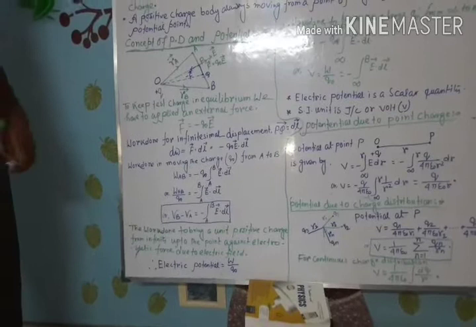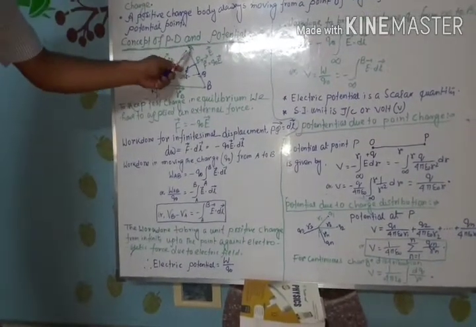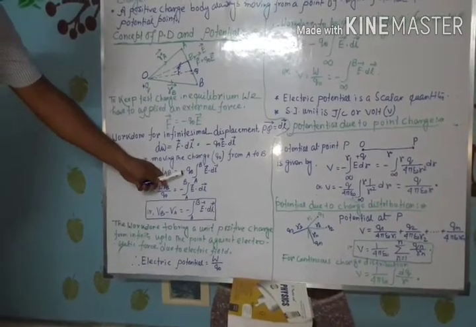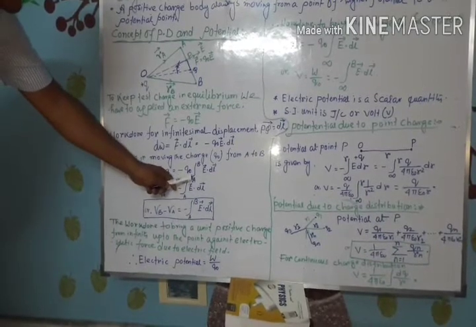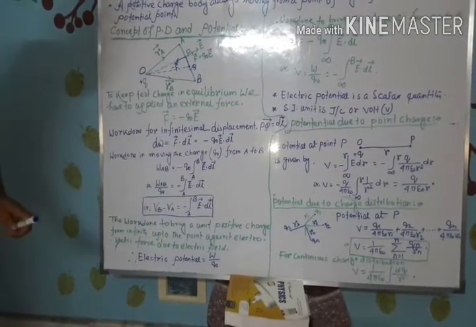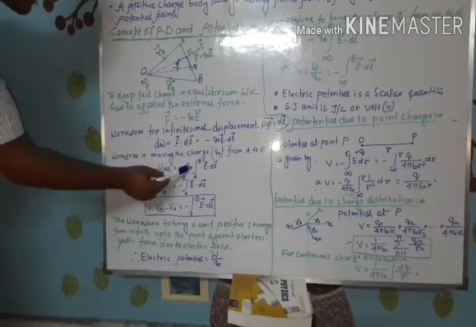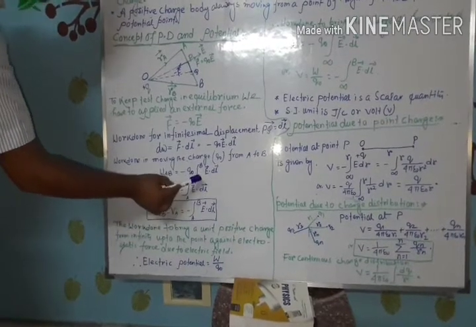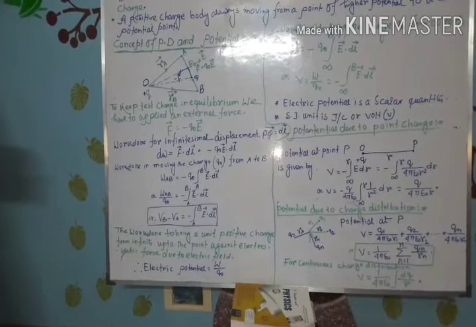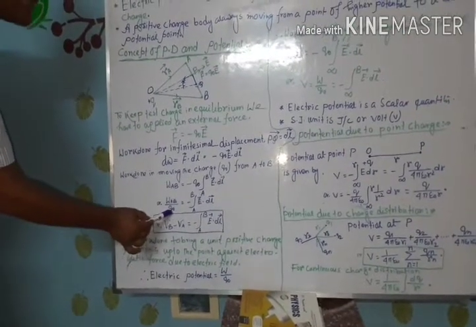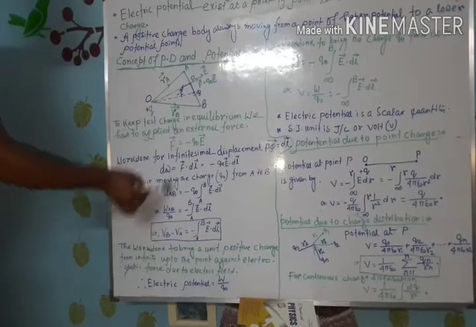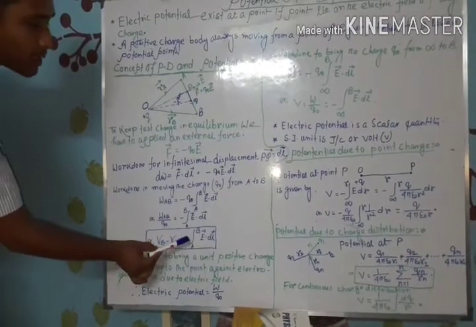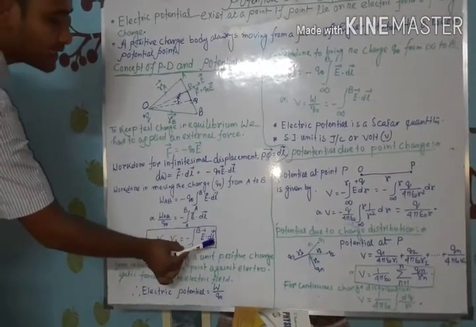Now total work done to move the test charge from A to B can be calculated as WAB equal minus Q naught integration A to B E dot dl. Therefore WAB by Q naught is equal to minus integral A to B E vector dot dl, and according to the definition of electric potential, WAB by Q naught is known as the potential difference between the points A and B. That's why we can write VB minus VA equal minus integral A to B E vector dot dl.